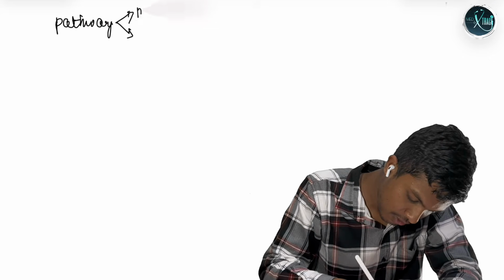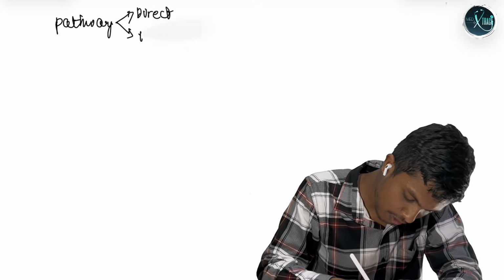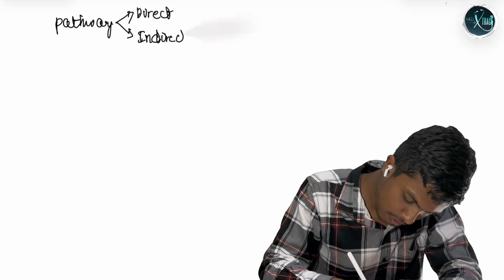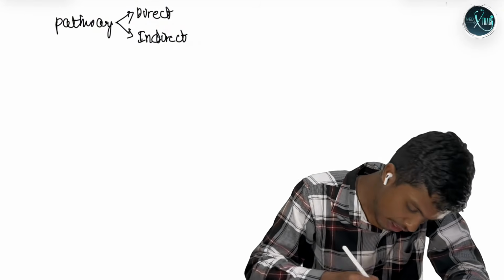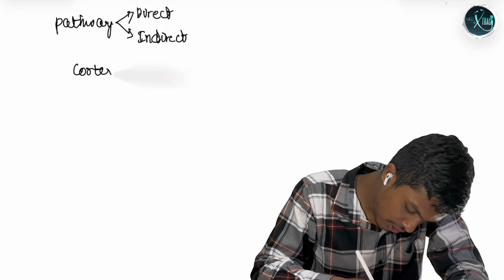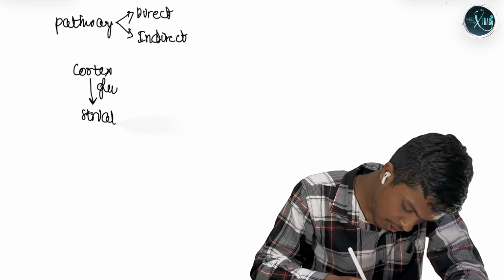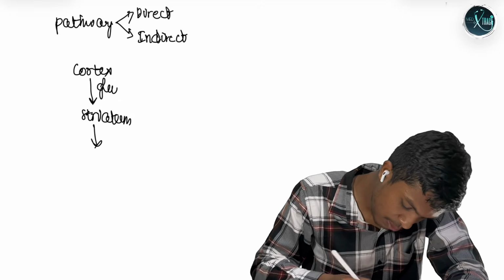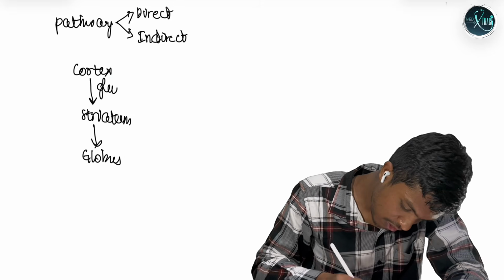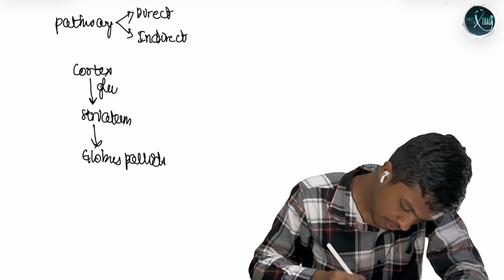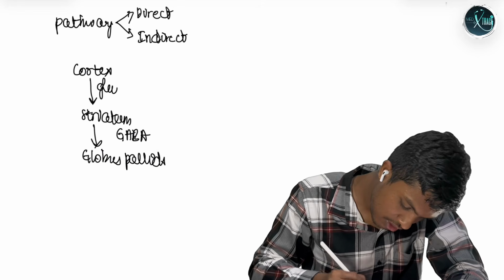So to explain the direct and indirect pathways. In the direct pathway, the cortex sends signals via glutaminergic neurons to the striatum, to the globus pallidus internus via GABAergic neurotransmitter.